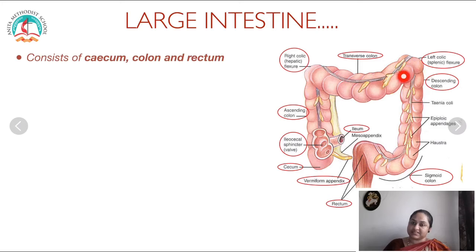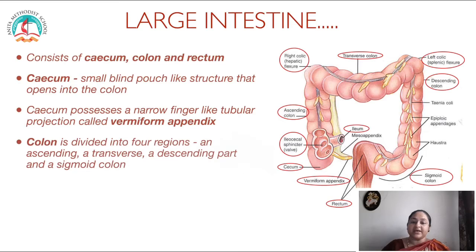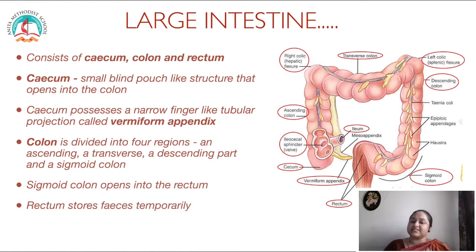The sigmoid colon is the one which opens into the rectum, and this rectum is the place where feces is stored temporarily. The rectum opens out through the anus. So after digestion, the undigested and waste food is sent to the rectum, and this anus is guarded by two sphincter muscles.